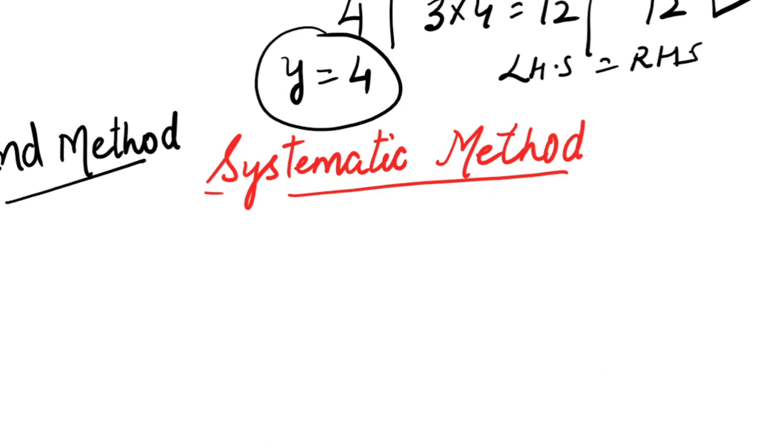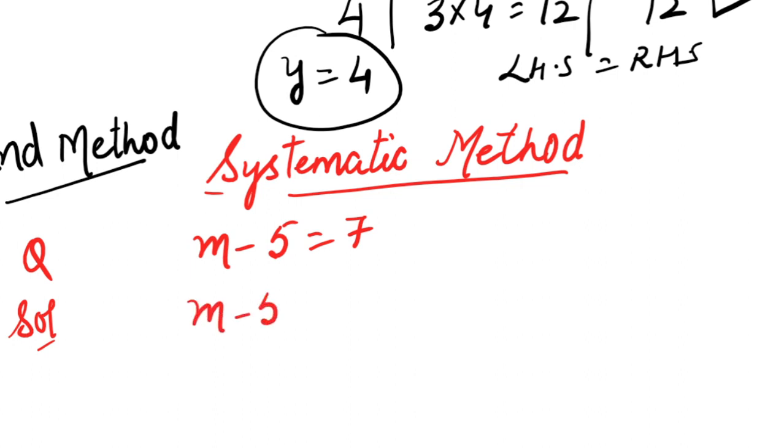So first we can add or subtract the same number to both sides. Let us try the first question. Let us suppose this is m minus 5 is equal to 7. Whatever we want to add or subtract from this equation, we will do the same operation with the same number on both sides.